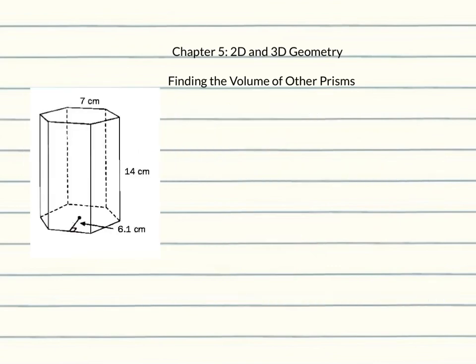Let's take another example. As you can see here, this is a hexagonal prism because the base is a hexagon. As you know, a hexagon has 6 sides. So the base is a hexagon. Let's highlight the base here and identify its dimensions.